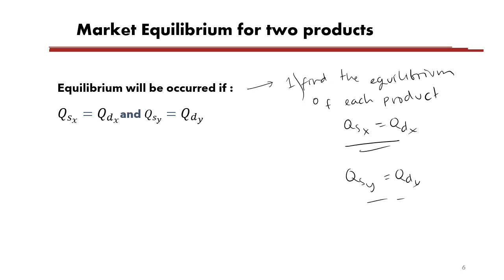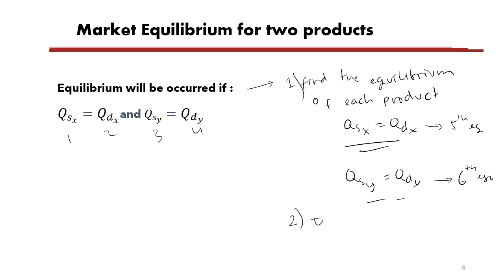Basically, from the previous slide, you see that we have four equations: 1, 2, 3, 4. If you do this, you will find another equation which we call the fifth equation, and this also becomes the sixth equation.